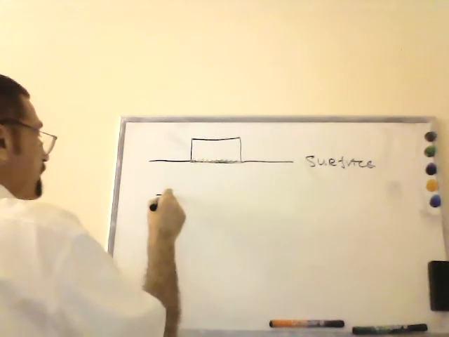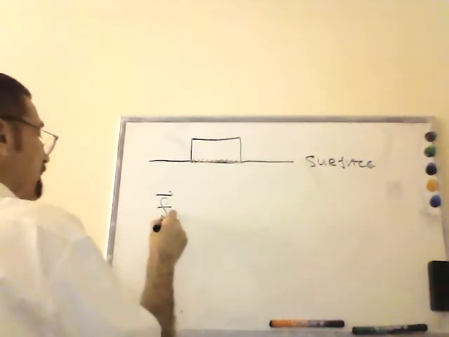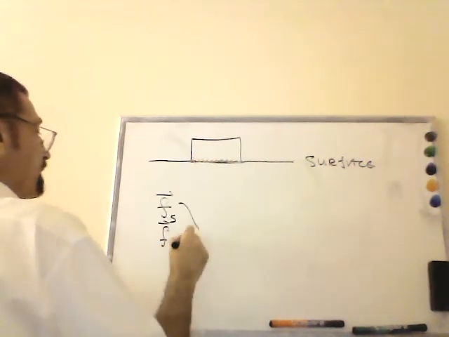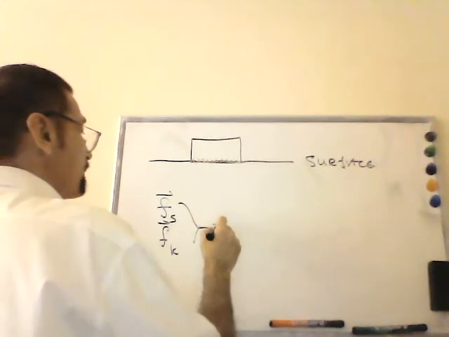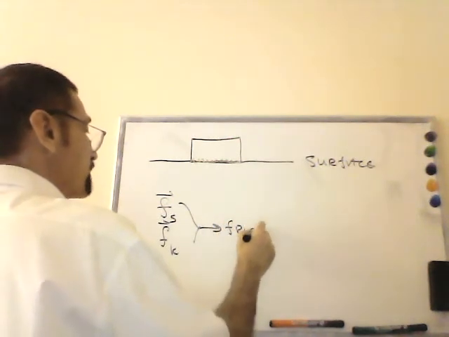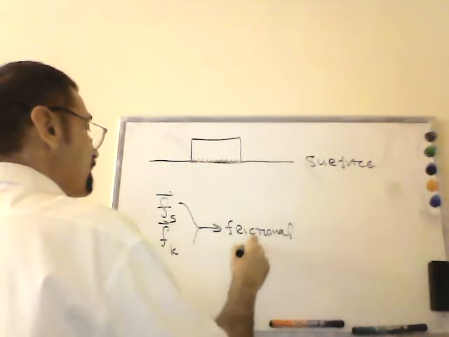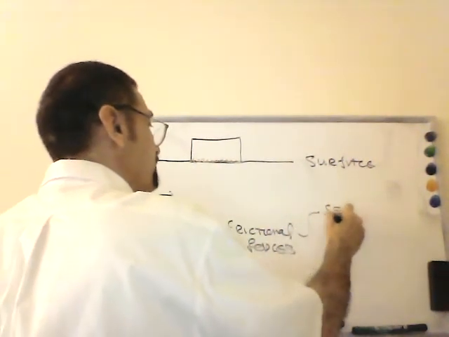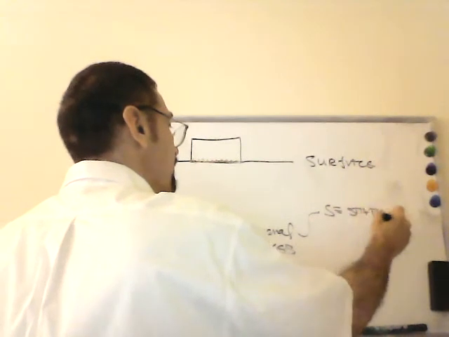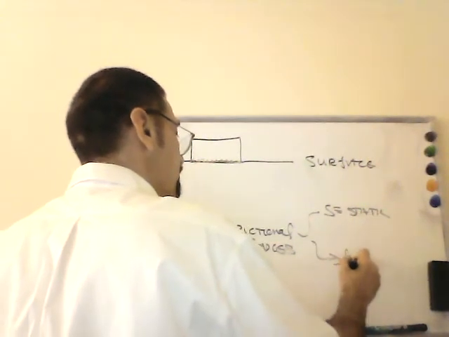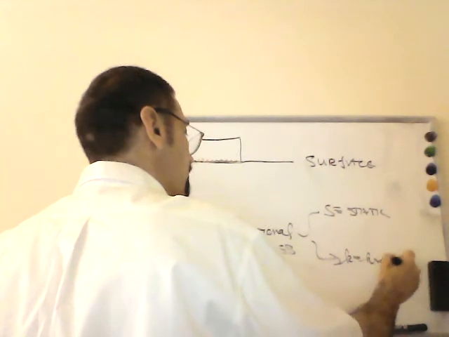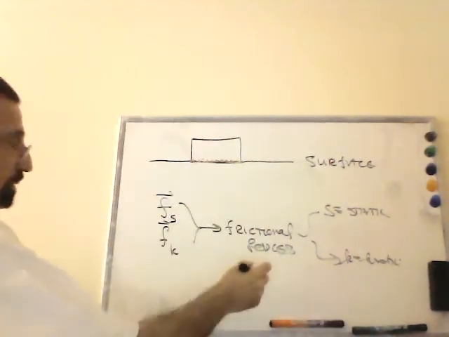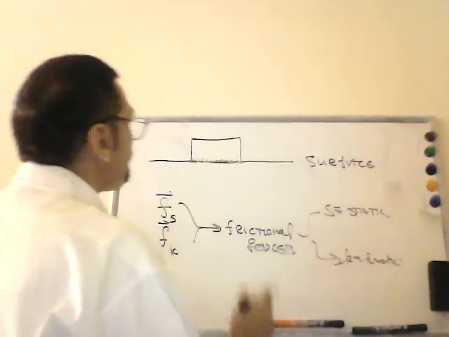This will be denoted F_S and F_K, where these are frictional forces, and they have an index static, being for S, and kinetic being that for, of course, kinetic, K being kinetic.